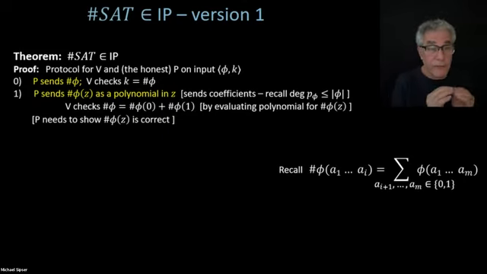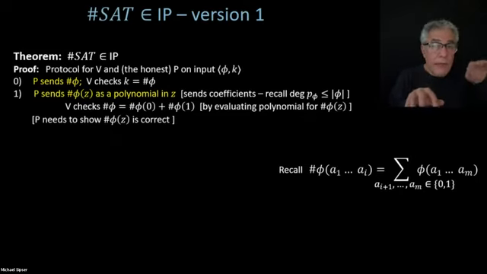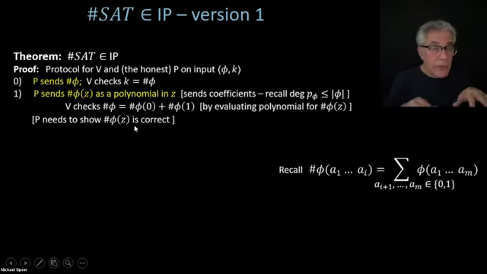How does the prover convince the verifier that it is the right polynomial? Well, that seems like a tough job. So what it's going to do is remember that there is a correct polynomial that you would get by plugging into this expression for the correct value. So there's some correct polynomial. The prover may be sending some incorrect polynomial.